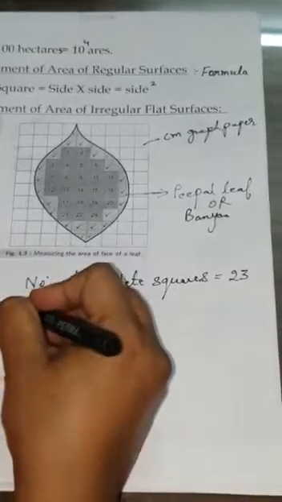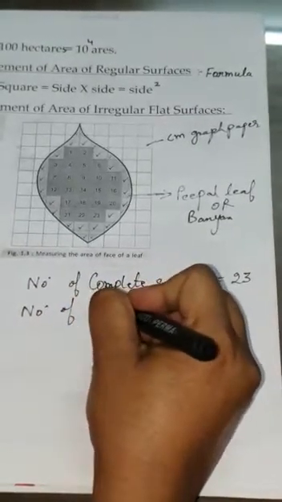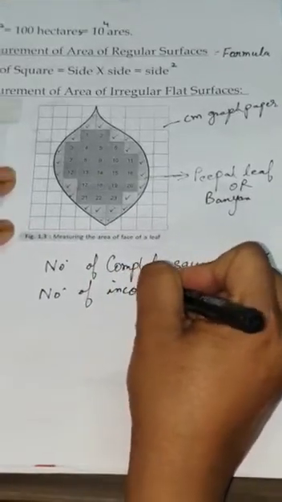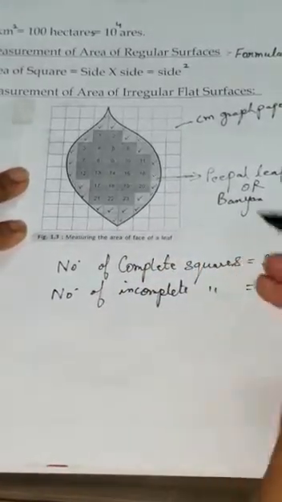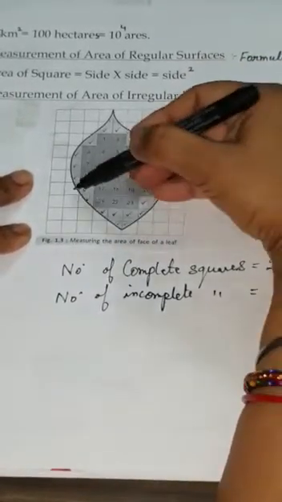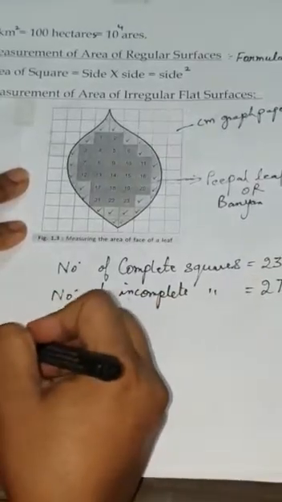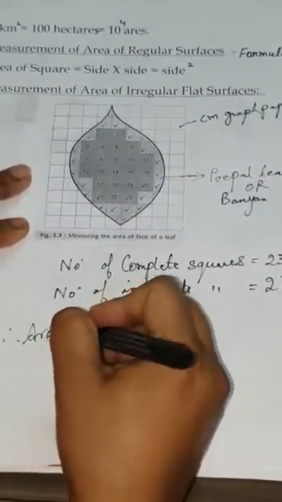Now count the number of incomplete squares. These are all incomplete squares. These are 27.